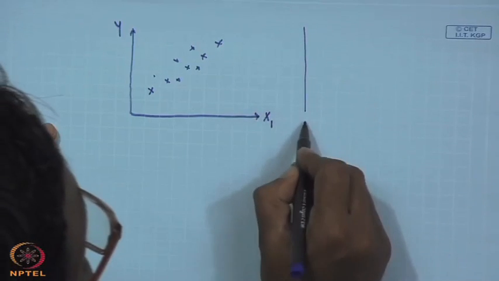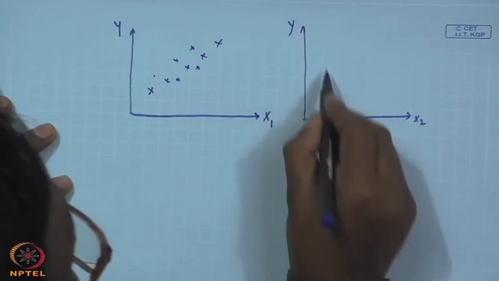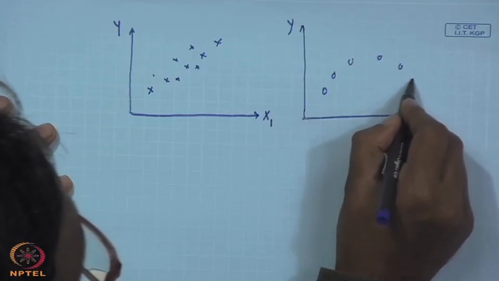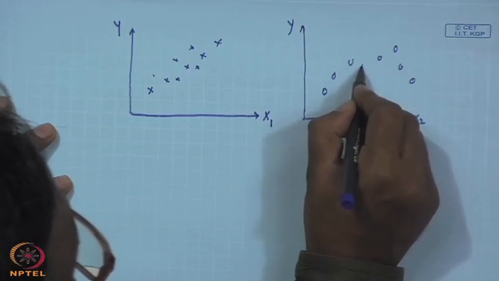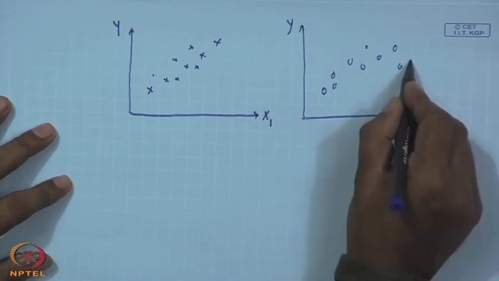When you are plotting with x2, you may be getting this type of relationship.